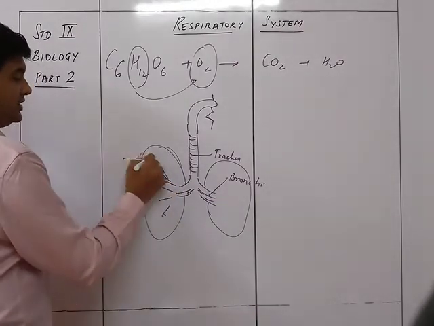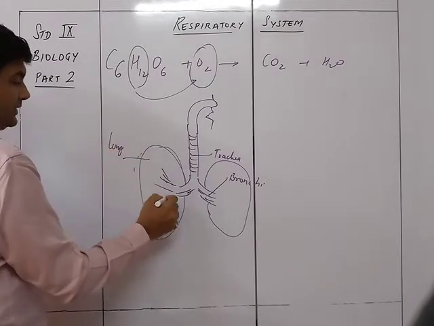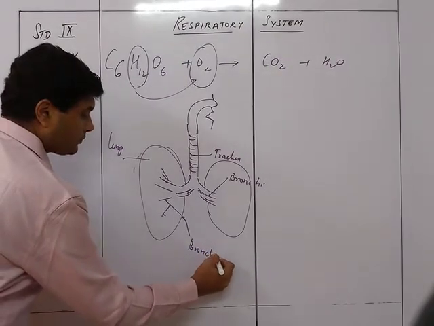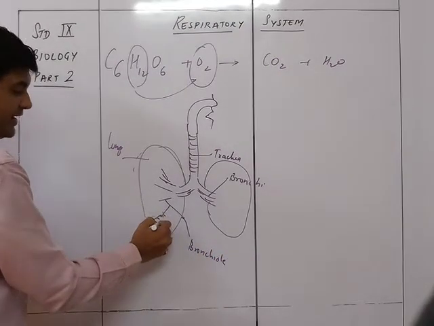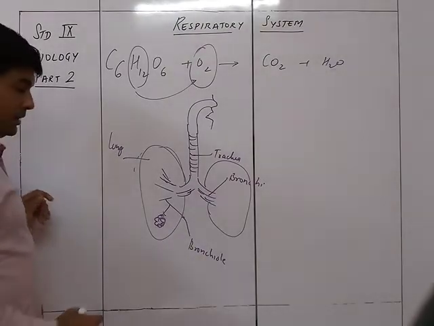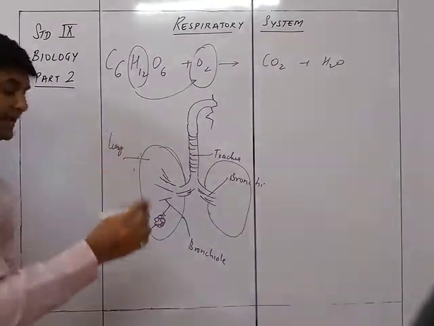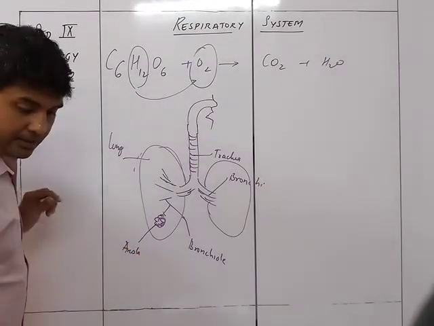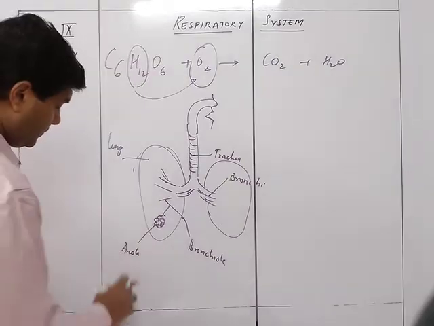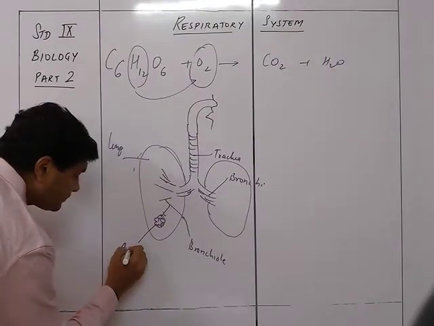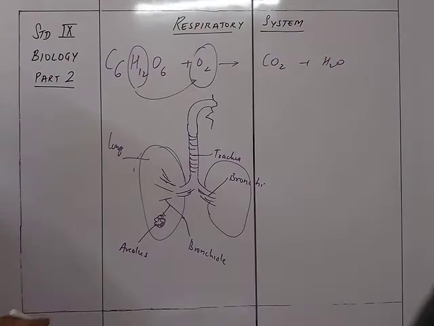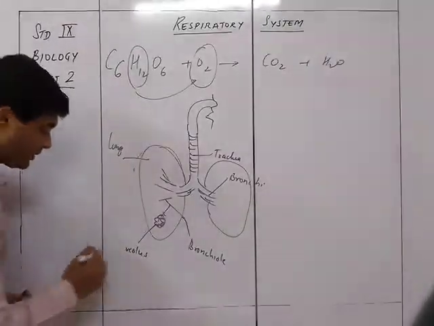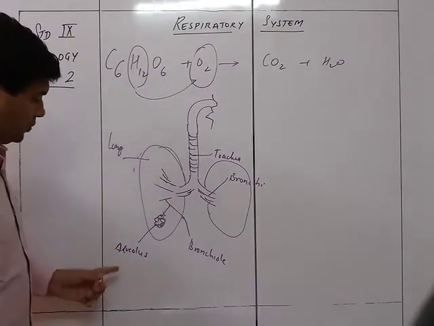So these are the lungs, and these branches are called bronchioles, which are further divided inside, wherein there will be very small air sacs, which are called alveoli. Alveolus, yeah.